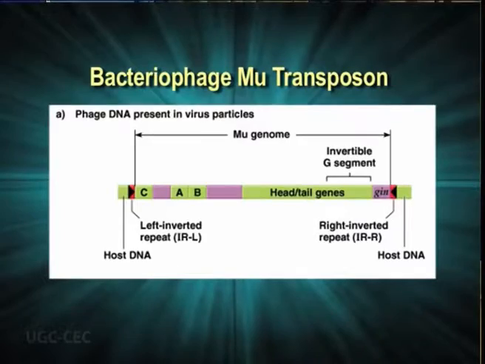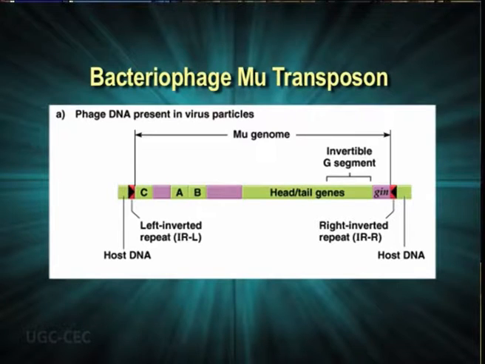Now, coming to the third category of prokaryotic transposon, we should mention Bacteriophage Mu. These are phages which can infect in both the lytic or the lysogenic stages, and they can incorporate their DNA into the bacteria, and this incorporation happens because of a particular gene called muA. Now, we will look at this portion of the DNA.